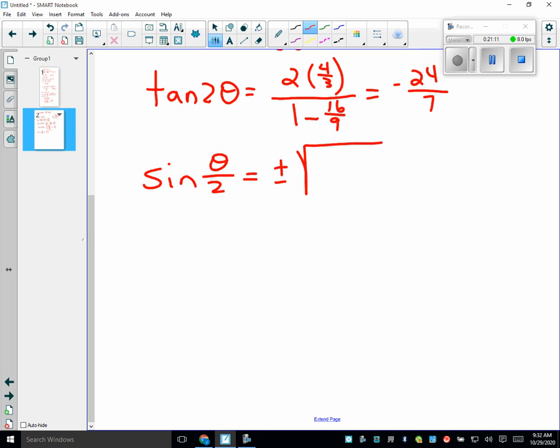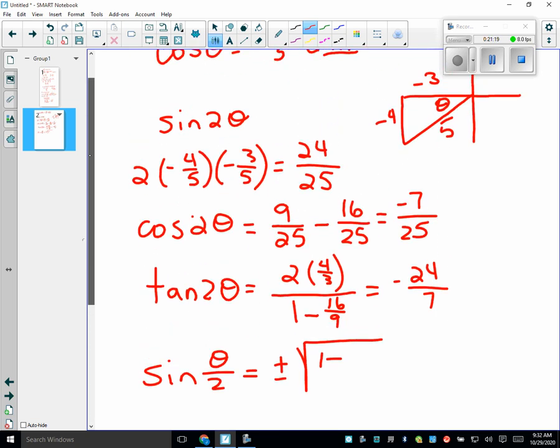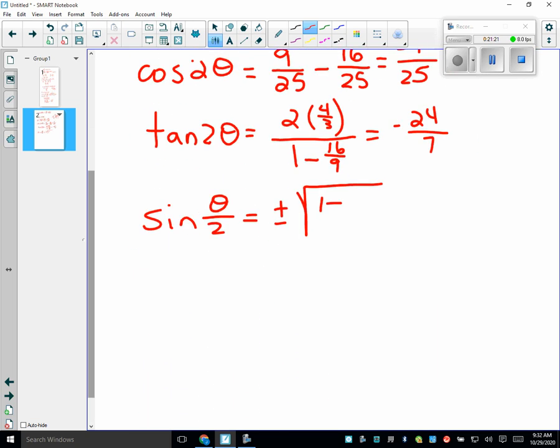Plus or minus the square root of 1 minus the cosine, which is negative 3/5. So 1 plus 3/5 over 2? Yeah. So you get 8/5 over 2, which is 4/5.